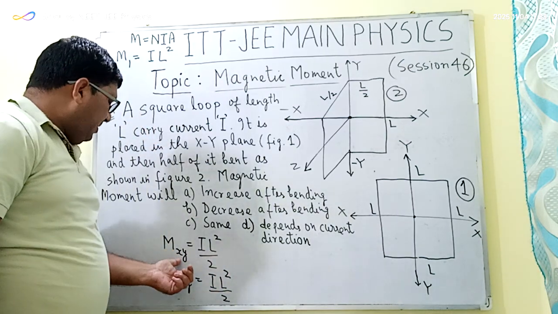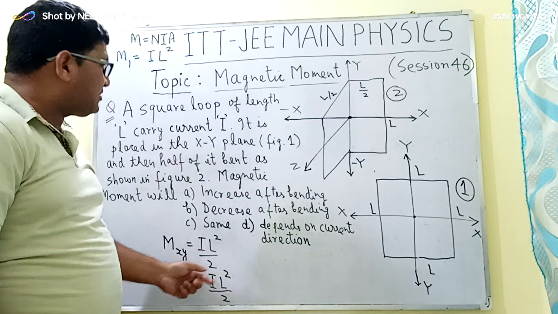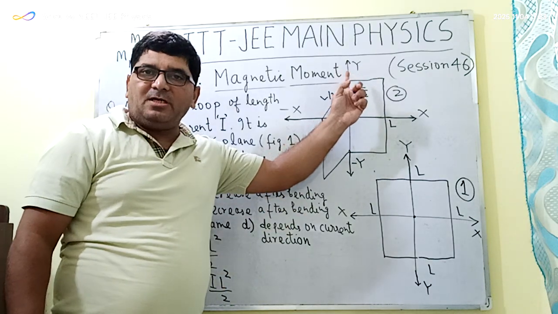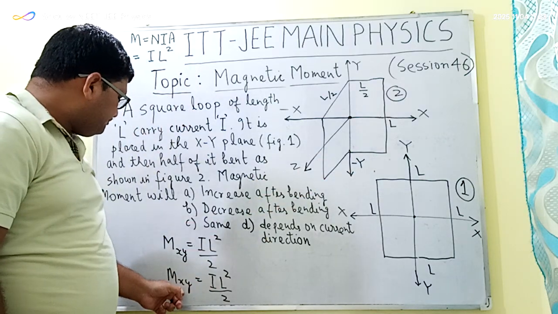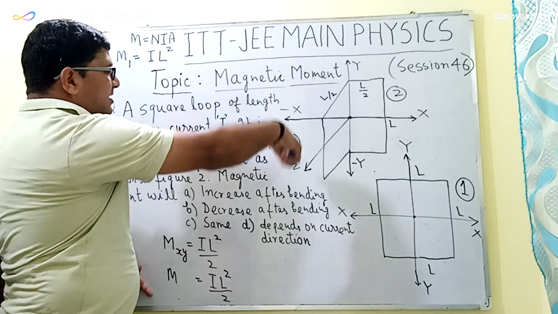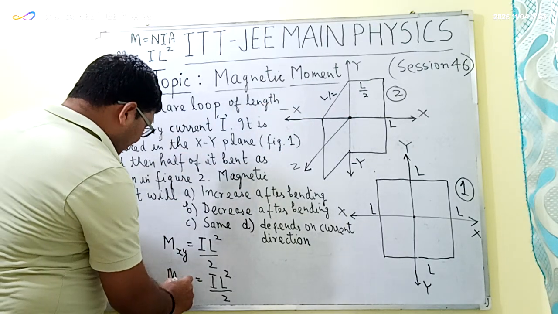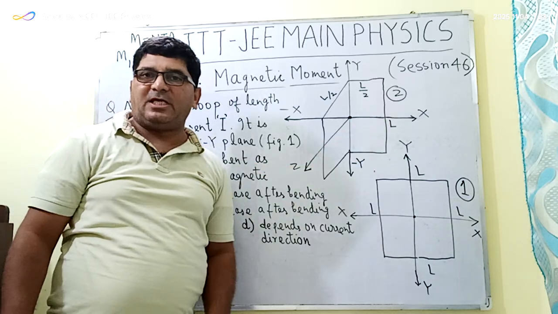Now the magnetic moment due to the loop which is lying in the XY plane will be along the Z direction, and the magnetic moment of the loop which is lying in the YZ plane will be along the X direction.